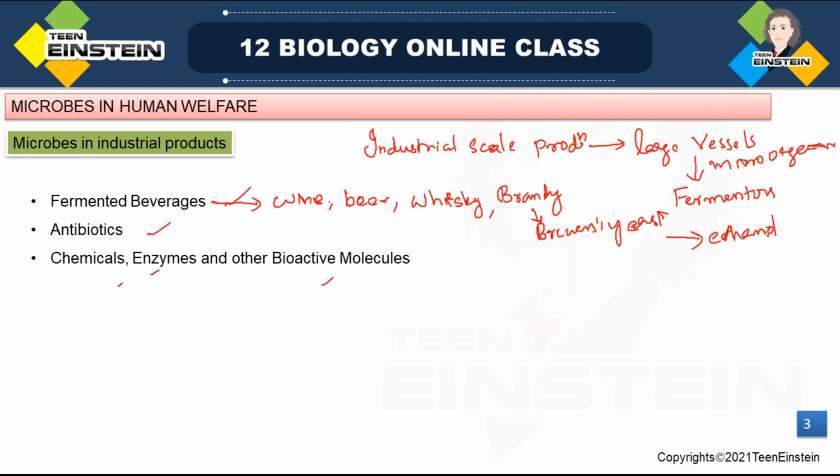So the yeast species which is used for alcoholic fermentation is Saccharomyces cerevisiae, which is commonly known as brewer's yeast. Then mainly malted cereals, molasses and fruit juices are producing this ethanol.